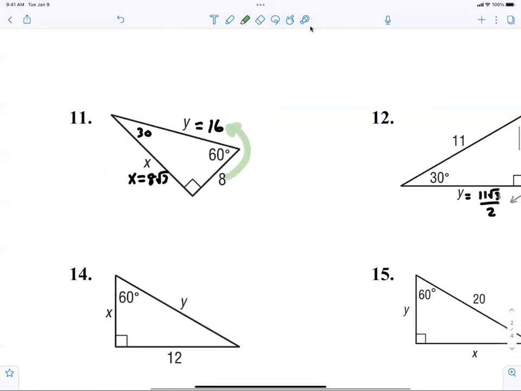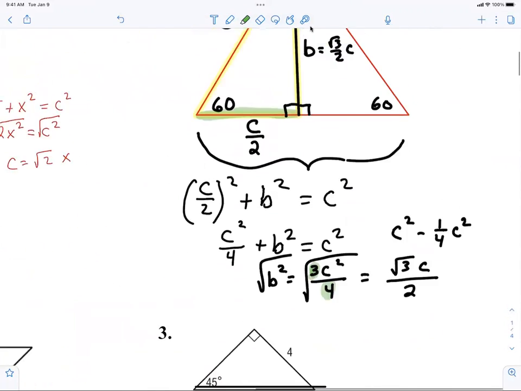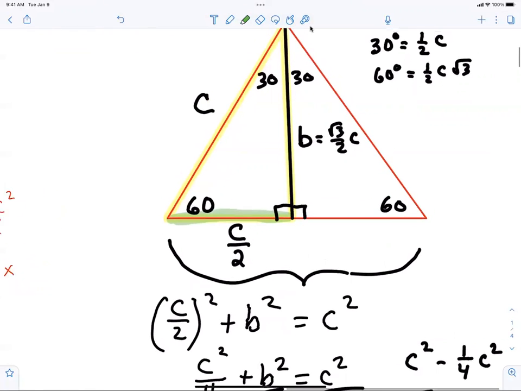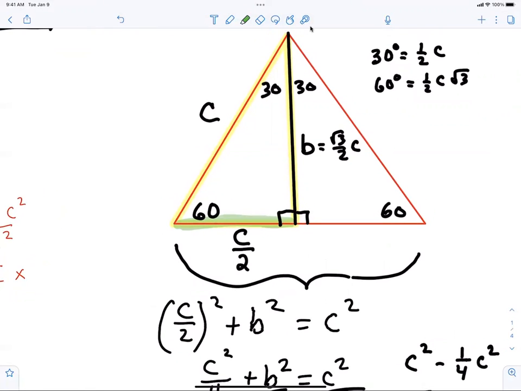Now look up, because I'm trying to show you something. Look up at my picture. Once I understood this, it came from a 30, 60, 90, or it came from an equilateral triangle. I just figured it out every time. I hated memorizing things. So now do you understand what I'm saying, right? Look right here. Do you see this 30?